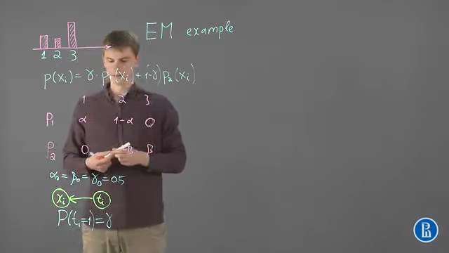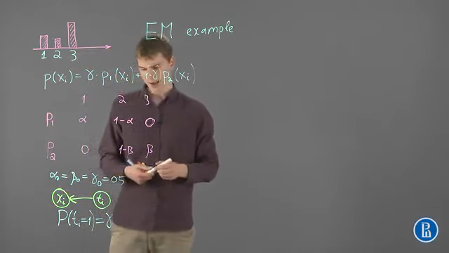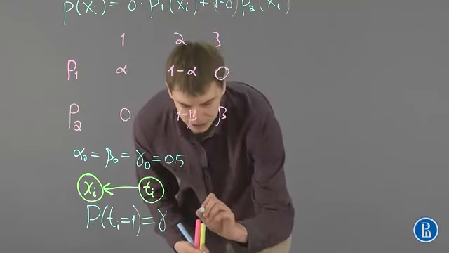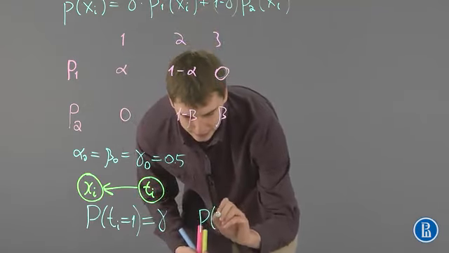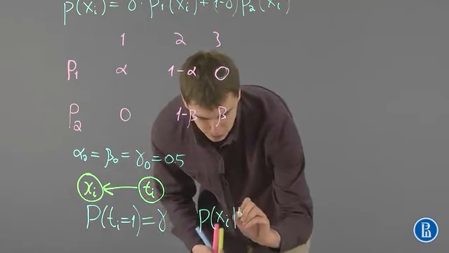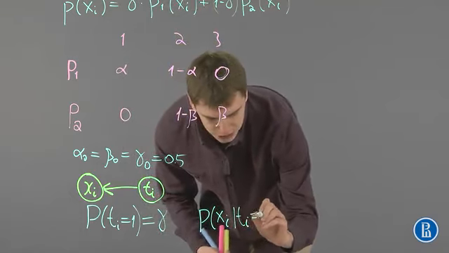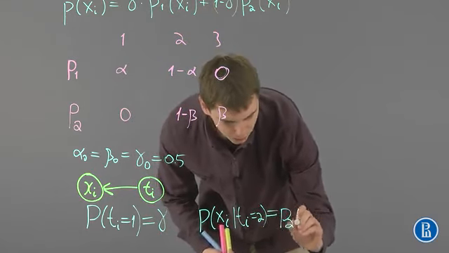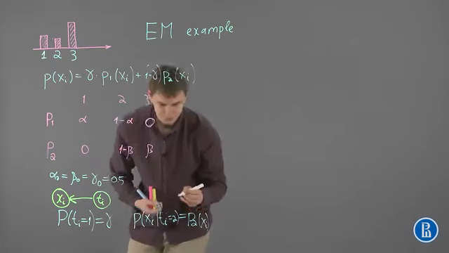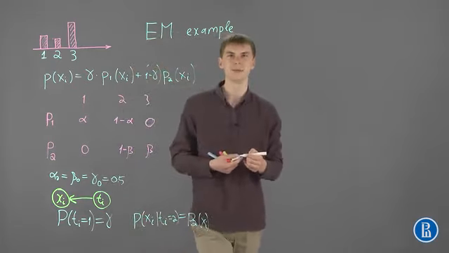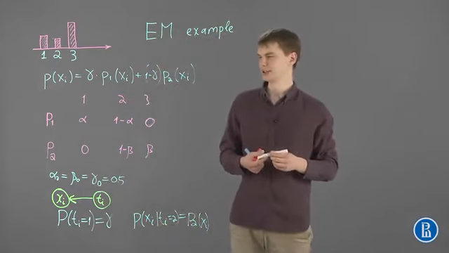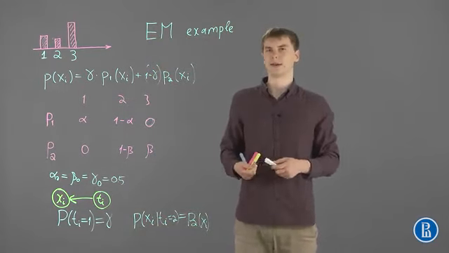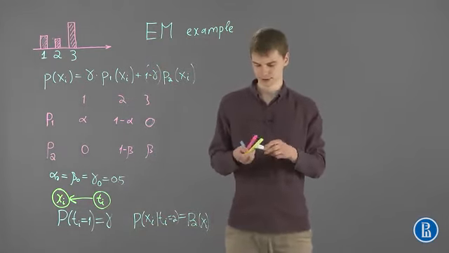And the probability of Ti being 2 is just 1 minus gamma. And you can easily define the conditional probabilities. So the probability of xi, given that Ti equals 2, is just the probability according to the second component of the mixture, so it's P2 of xi. So now we have everything defined, and we can use the expectation maximization algorithm to find the best values of parameters alpha, beta, and gamma.